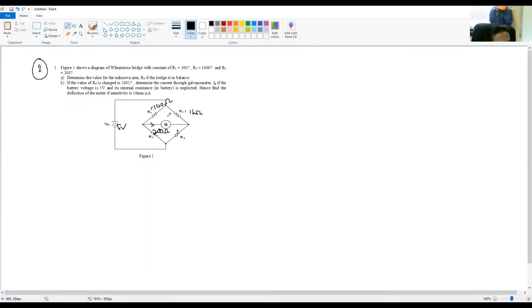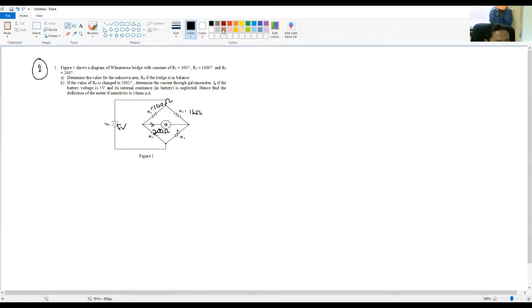That means the Rg of the galvanometer is neglected. Hence find the deflection of the meter if the sensitivity is 10 millimeter per microampere.